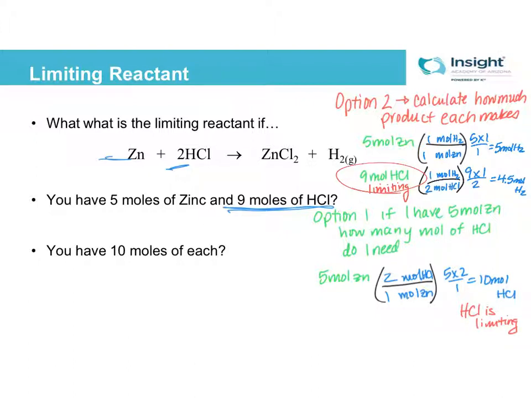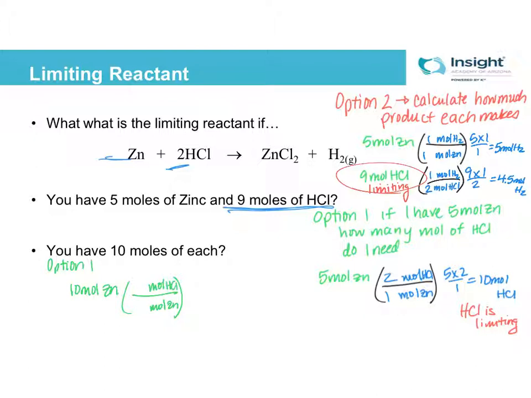So if you have 10 moles of each, again, I'll show you both options. Option 1, I'm going to do 10 moles of zinc to moles of HCl.